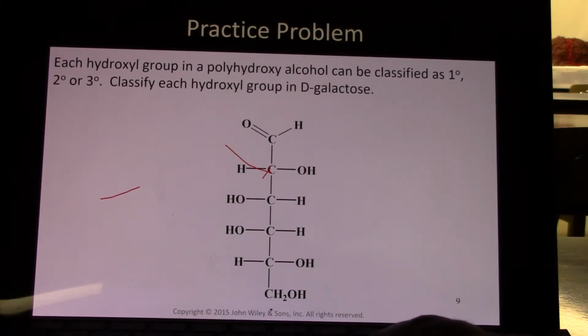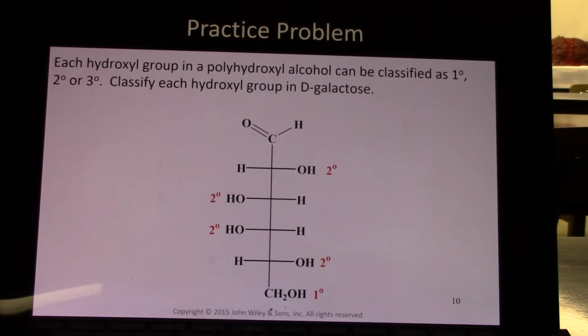This one here is secondary. This one here is secondary. And this last one, this is a primary carbon. It's bound to only 1 other carbon group and 2 hydrogens. So we have 4 secondary carbons and then 1 primary carbon for the OHs to attach to.